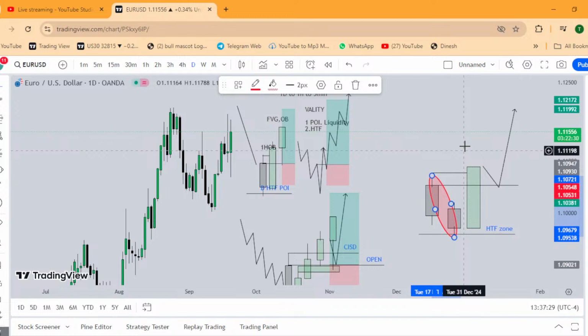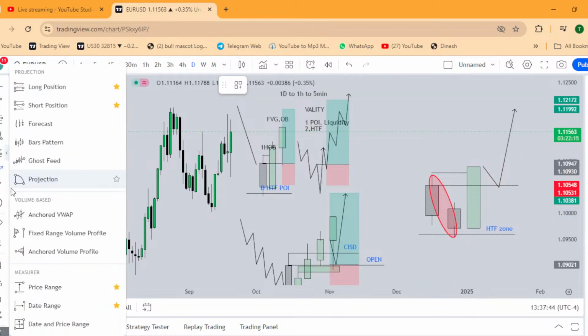So price begins to push to the upside from here, push to the upside from this side, and then this becomes the wick.